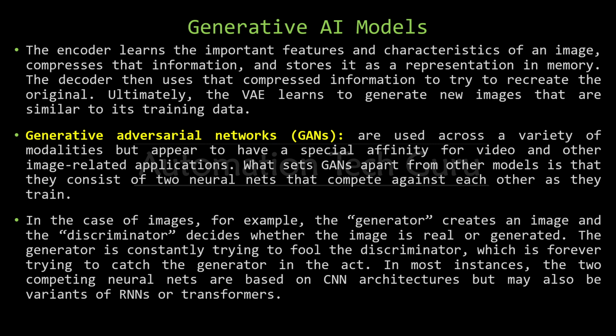The generator is constantly trying to fool the discriminator, which is forever trying to catch the generator in the act. In most instances, the two competing neural nets are based on CNN architectures but may also be variants of RNNs or transformers.